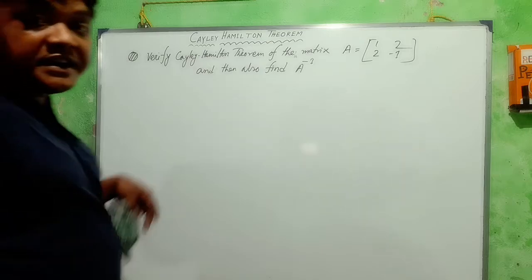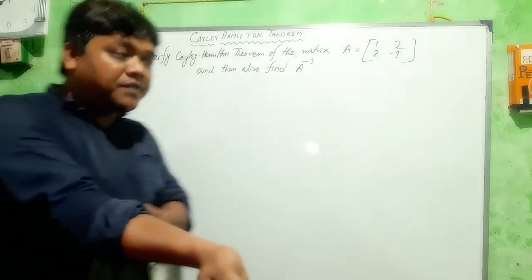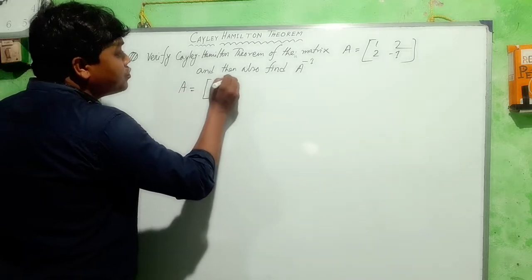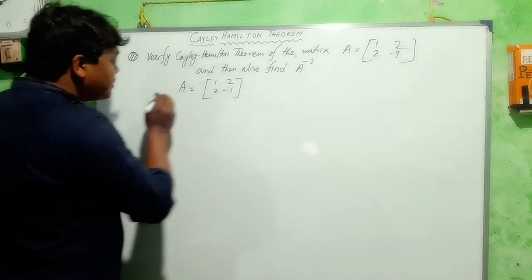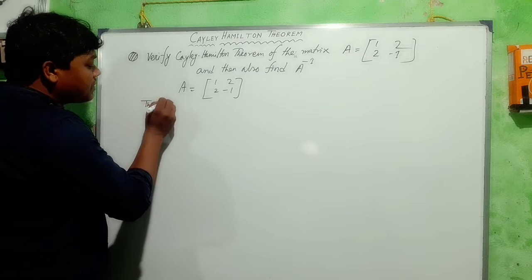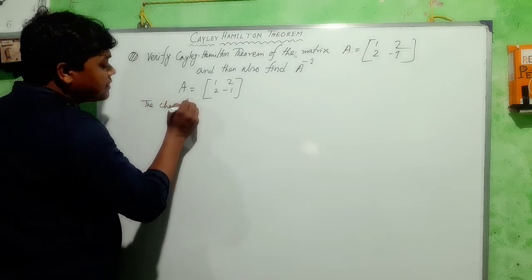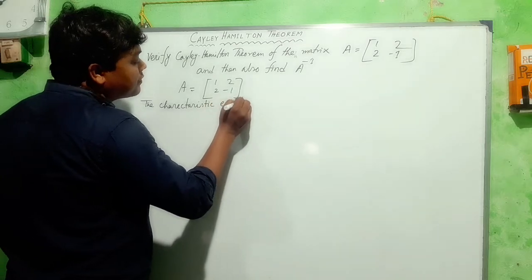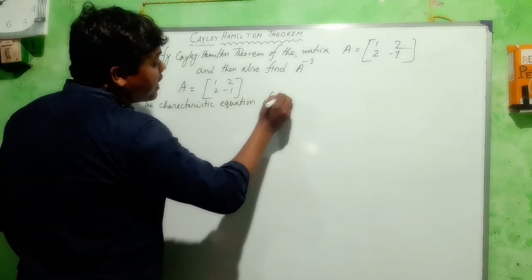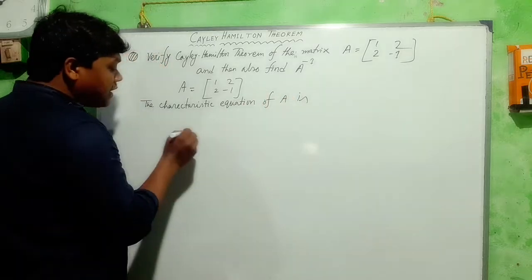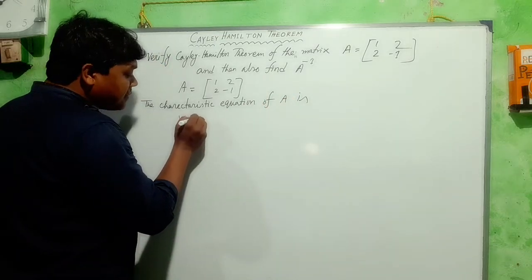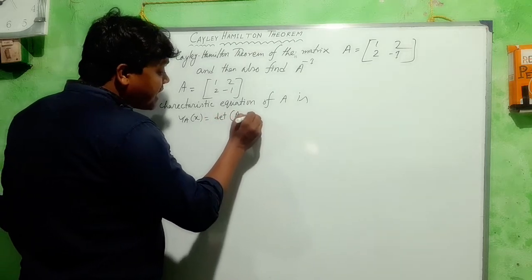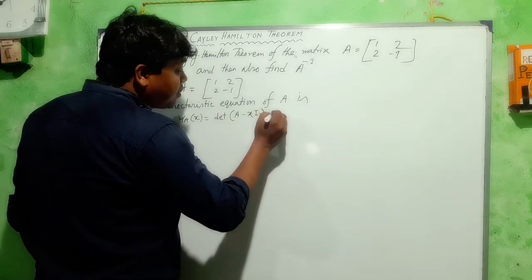First, the matrix is given, so we find the characteristic equation. So A is a 2 cross 2 matrix, 1 2, 2 minus 1. So the characteristic equation of A is psi x, which we have repeated many times, determinant of A minus x into I2 equals 0.